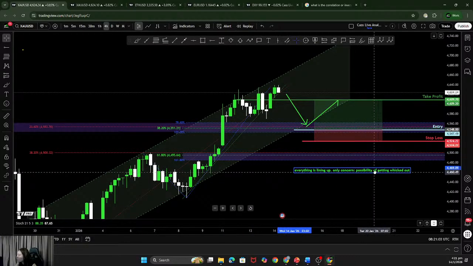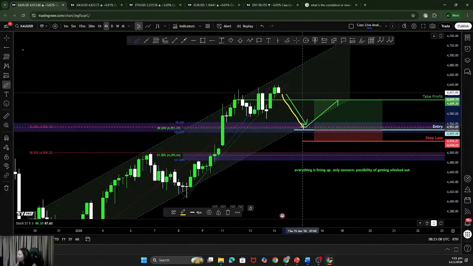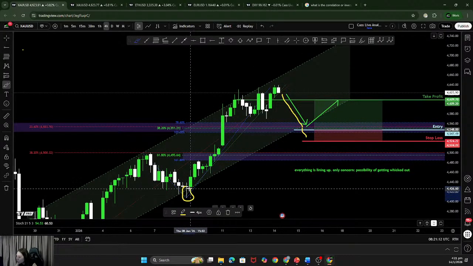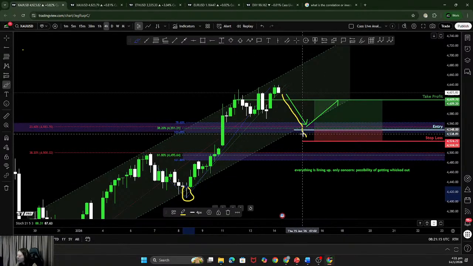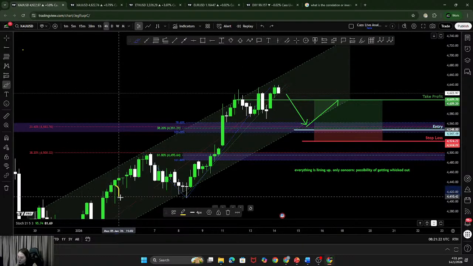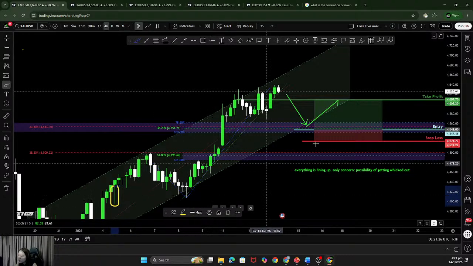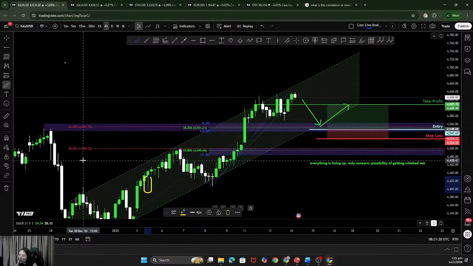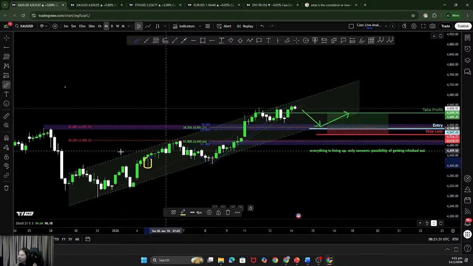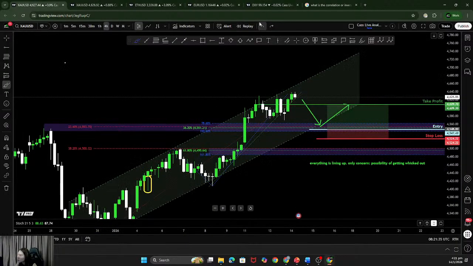If a candle comes here, there is a possibility it might wick, like this super long wick. That wick might just touch the stop loss and then go in the opposite direction. Look at how long this wick is. There's a possibility of getting wicked out.